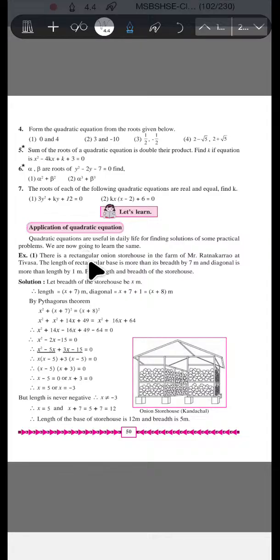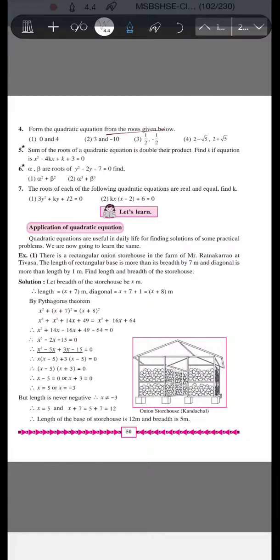So question number 4, from the quadratic equation, the roots are given here. Based on that, we have to write the conclusions.